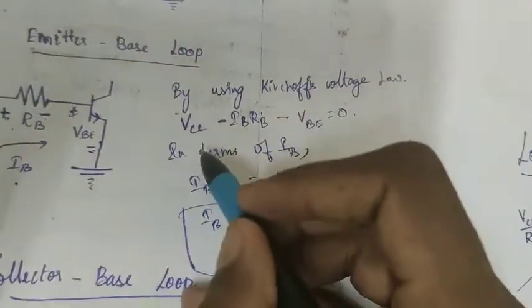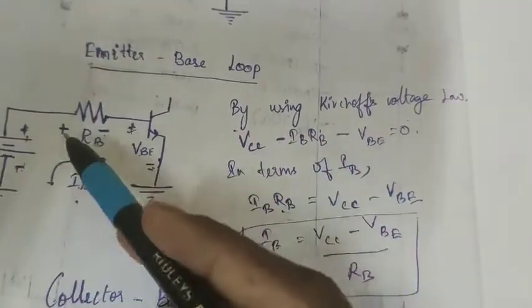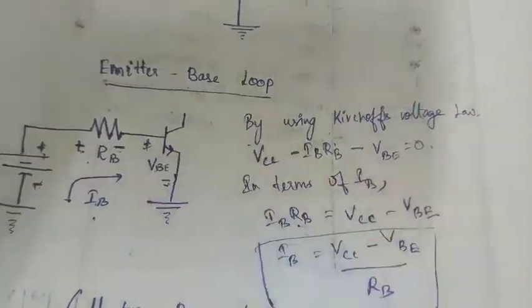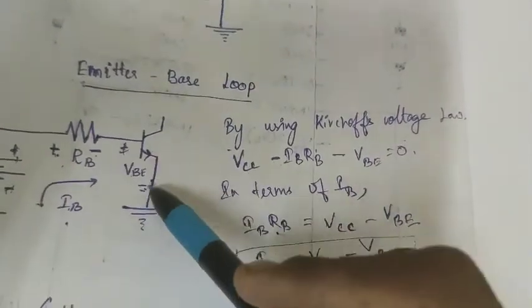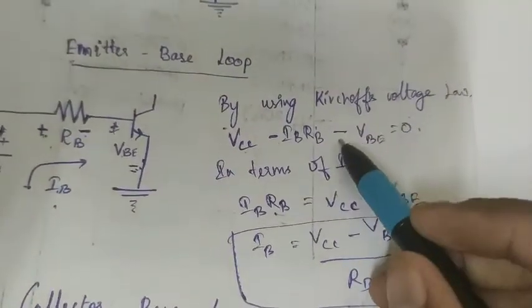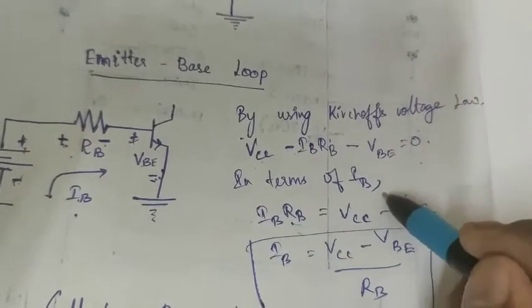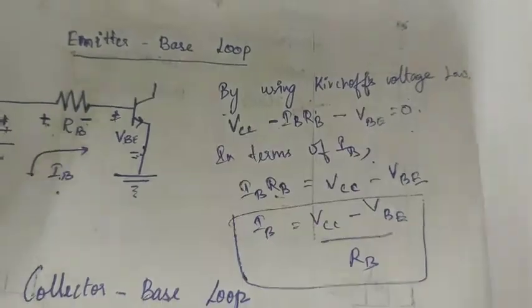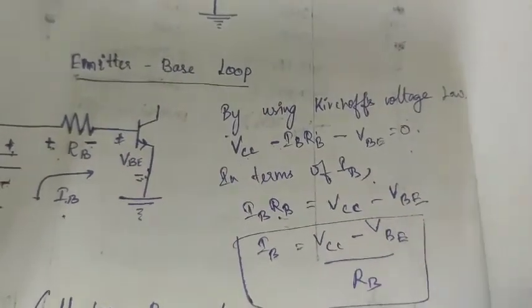So VCC is positive, and IBRB flows from positive to negative, so it is a drop, so minus IBRB. And plus to minus VBE, that is voltage drop over there, so minus VBE. In this equation, when I write in terms of IB, I am getting the equation as IB is equal to VCC minus VBE by RB.